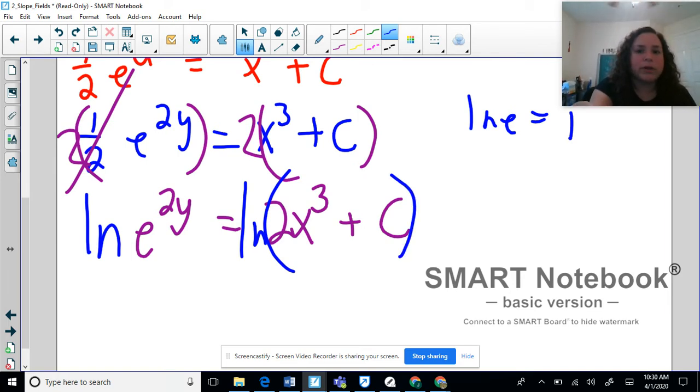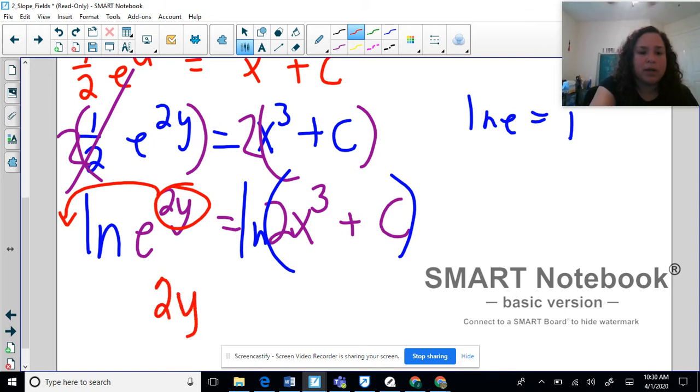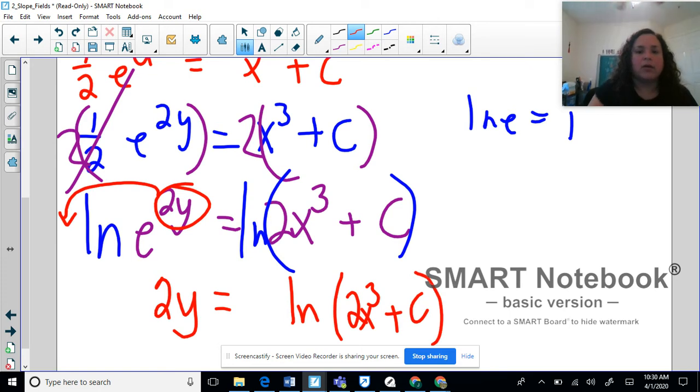Using the laws of logarithms, we bring the 2y in front of the natural log, and ln of e is just 1. So we're left with 2y equals the natural log of the quantity 2x cubed plus c, with parentheses around the entire thing.